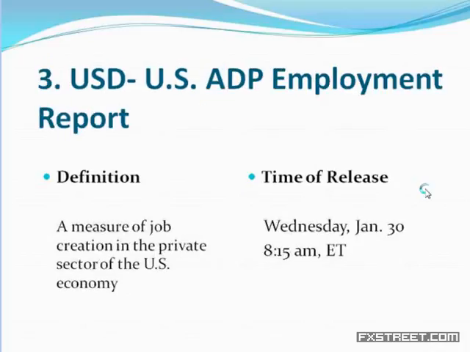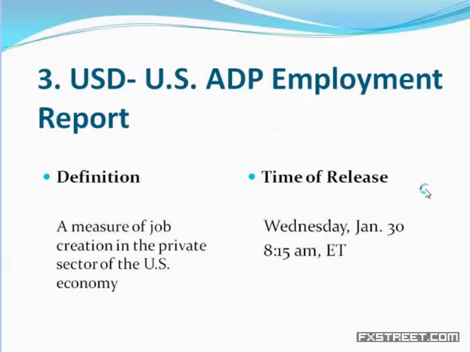Then we're going to see the ADP Employment Report, which is compiled by Automatic Data Processing, the largest payment processing company in the United States, and is a gauge of job creation in the private sector of the U.S. economy. That usually comes a couple of days before the non-farm payrolls report, which is going to be the big event of next week.